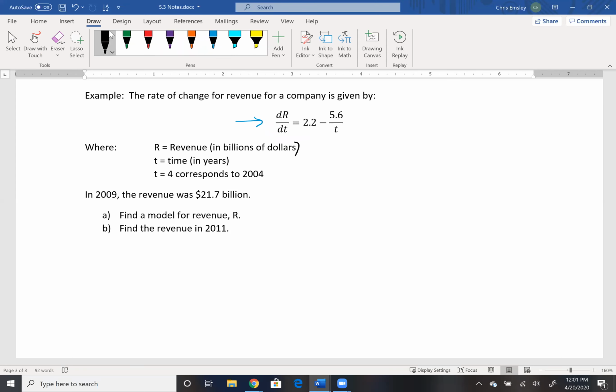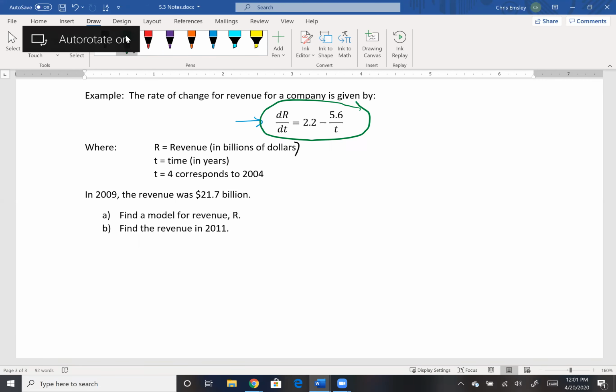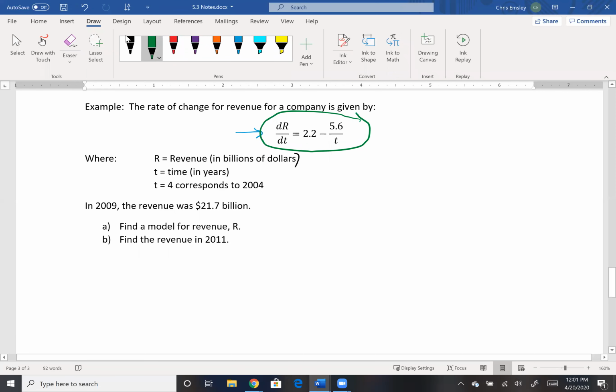So they're asking us to find an equation for R. This goes back to section 5.1, remembering when they give us a derivative, in order to find the original function or the equation, we are going to take the integral. So we want to find R equals some equation, and the way we are going to do that is we are going to take the integral of this derivative that they gave us.